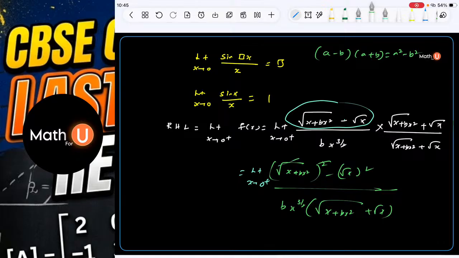Square root gets cancelled, we get limit x tends to 0 plus x plus bx square minus x by b, x power of 3 by 2 into square root of x plus bx square plus square root of x. Okay, x minus x cancels.